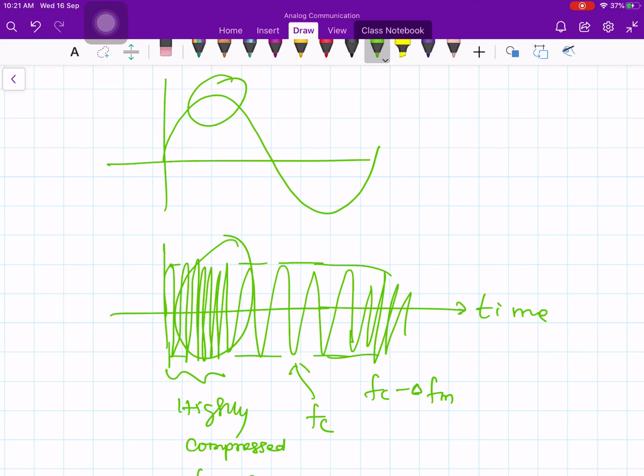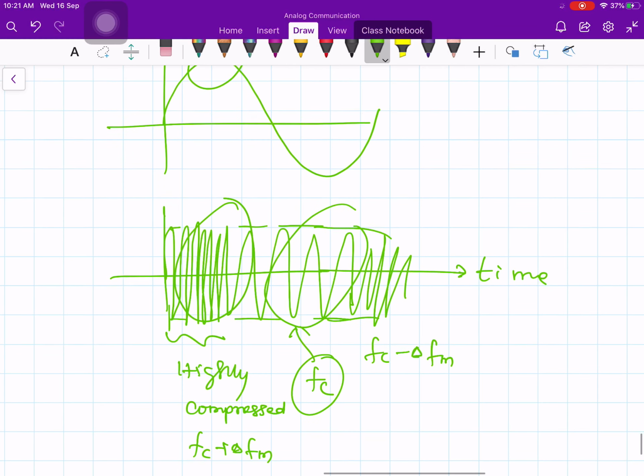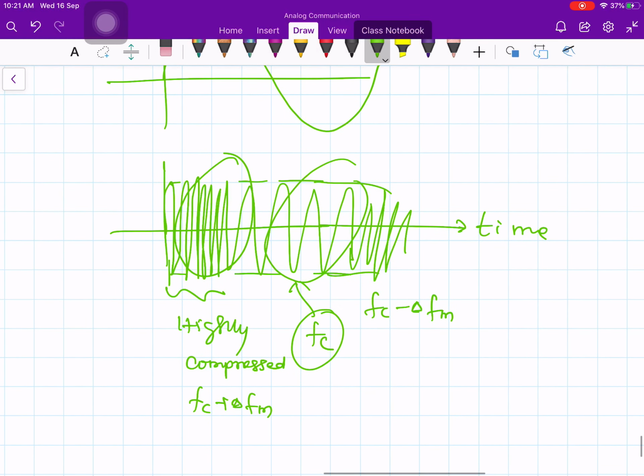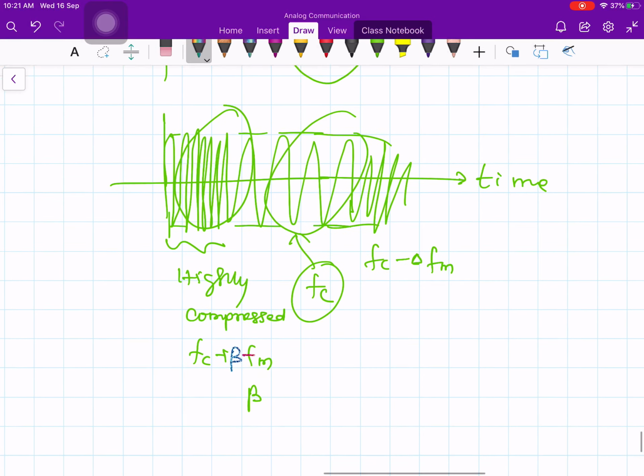Look at here, much more sparse. And there the instantaneous frequency was smaller than your carrier frequency fc. Therefore, the peak value of the instantaneous frequency deviation is equal to beta times fm. Not fc plus fm, I am sorry, I wrote wrongly. Beta times fm. So please remember that.